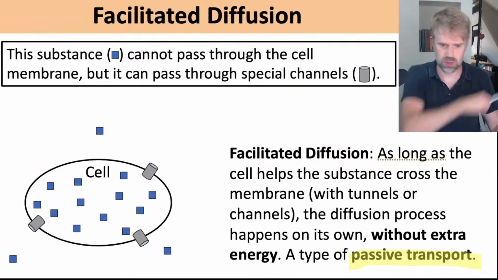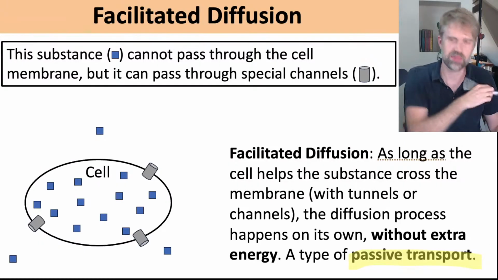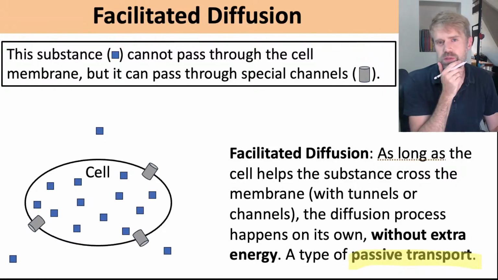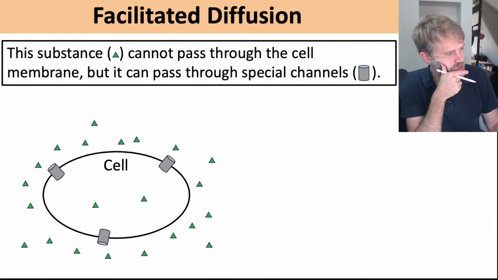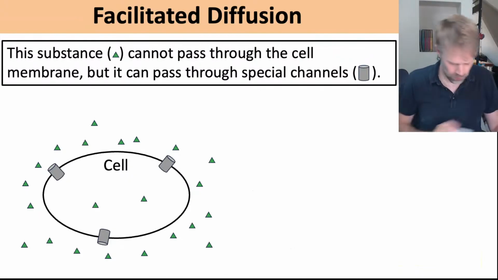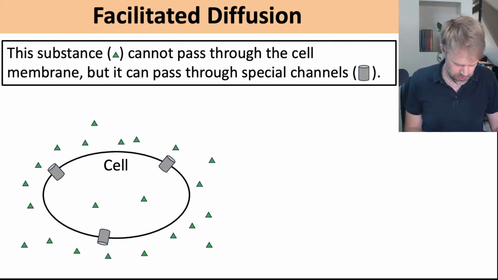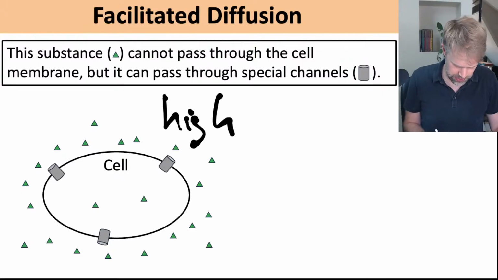Yeah, the glucose, salts, ions, things like that have been mentioned. They're examples of things that sometimes have to pass through channels or tunnels in order to get into or out of a cell. What's going to happen in this case? We have these little green triangles. Well, again, they can't pass through the cell membrane, but they can pass through the special channels. So we have a high concentration on the outside, low concentration on the inside.